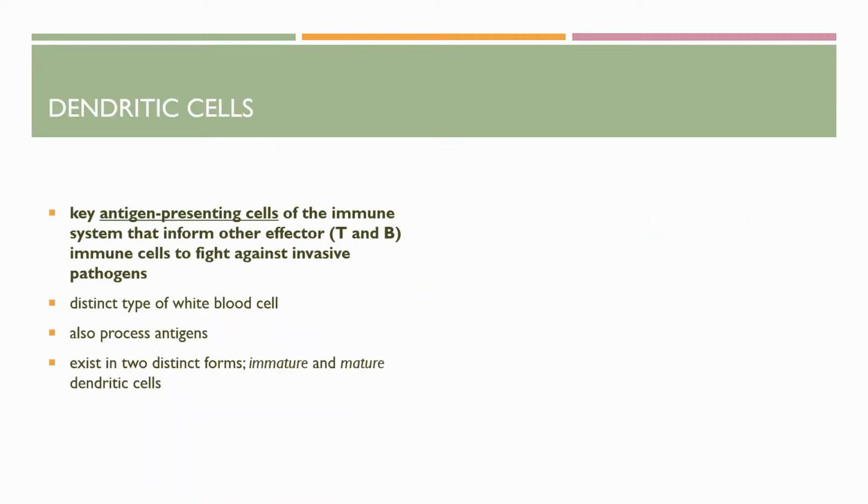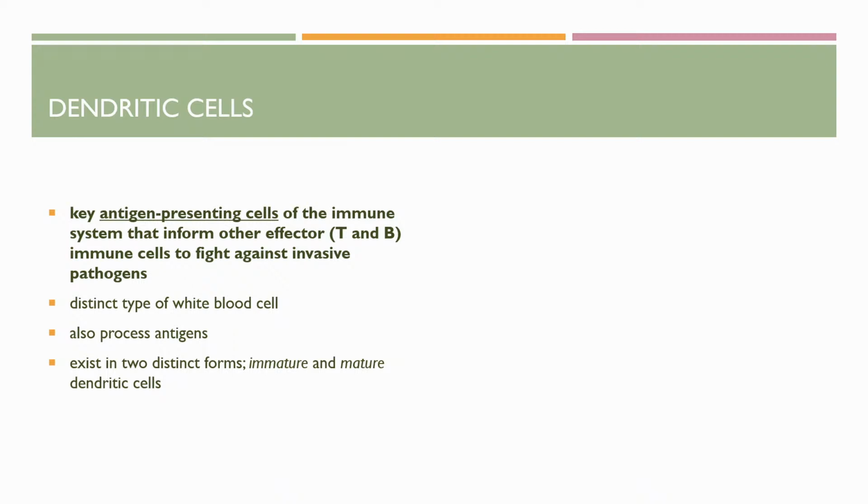And so I want to back up a little bit. We talked about T and B cells, but T and B cells are part of the adaptive immune response. And so there has to be something presenting the antigen to the T and B cells in order for them to come and do their thing and activate their response. So we need these antigen-presenting cells that are part of the innate immune system.